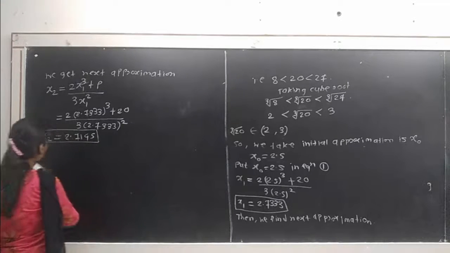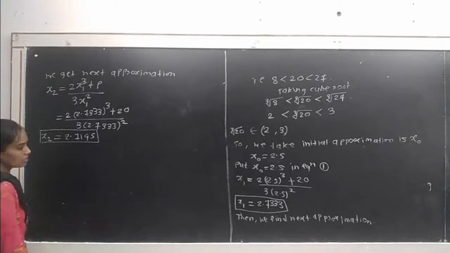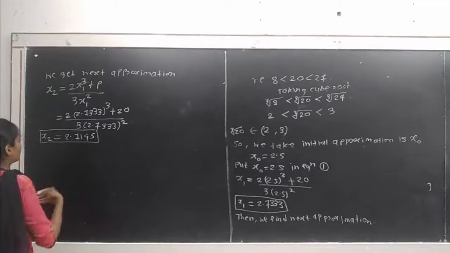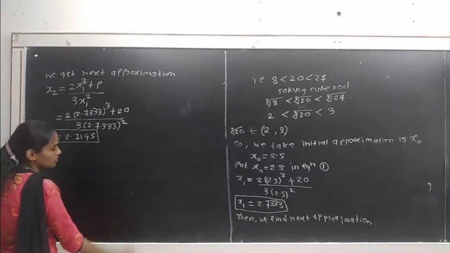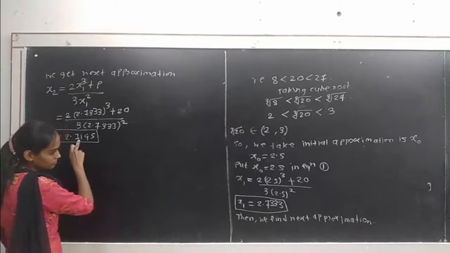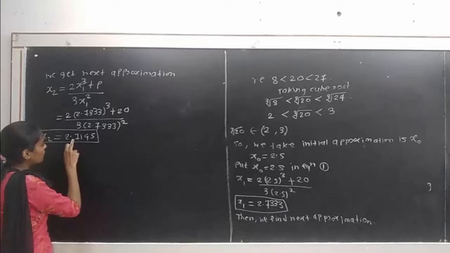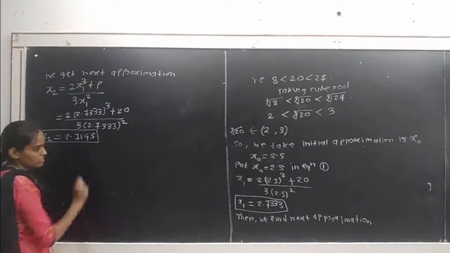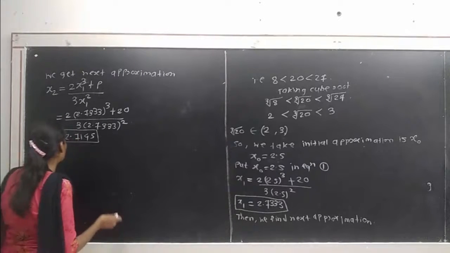If we observe these two successive approximations, x1 and x2, only one digit after the decimal is the same, so we find the next approximation.